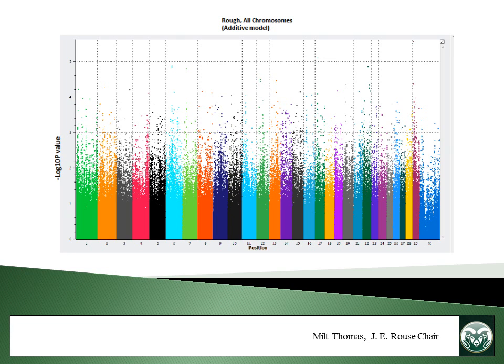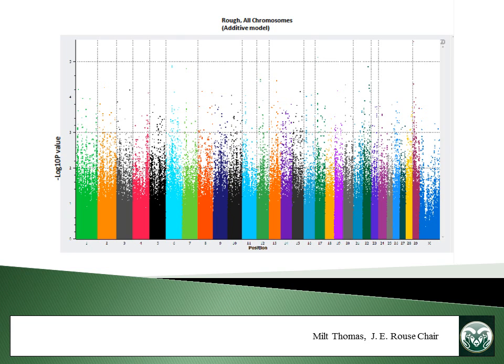When you get a dot up to the top of the page, and this is the one that Derek was talking about, a SNP on chromosome 29, you say, whoa, there's something right there on that chromosome that is influencing the trait of rough. Sometimes this works, sometimes it doesn't. Right there, that's the trait. So Derek went over all of that, and that's one of the areas he was talking about, chromosome 29.